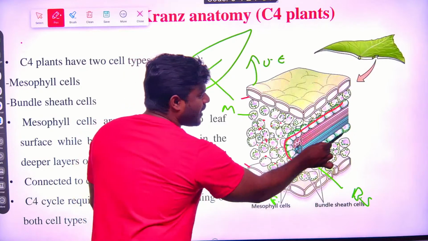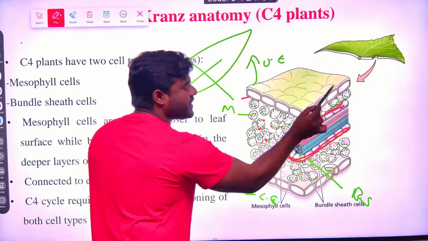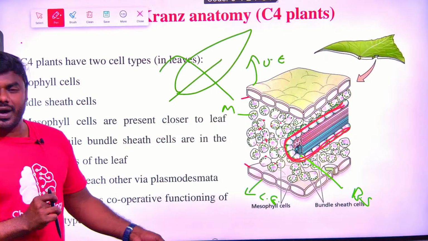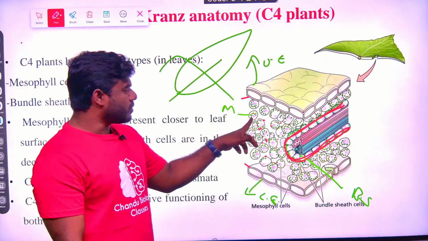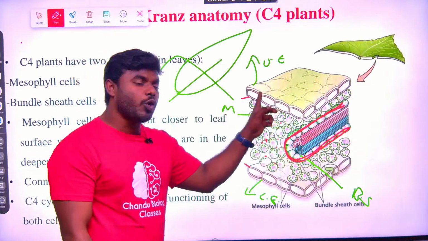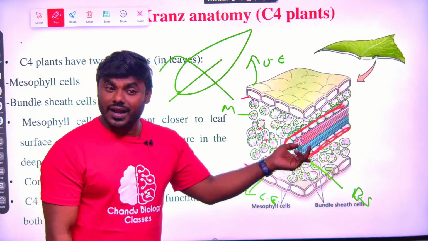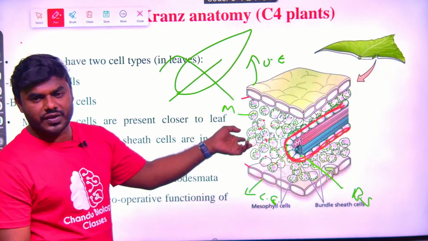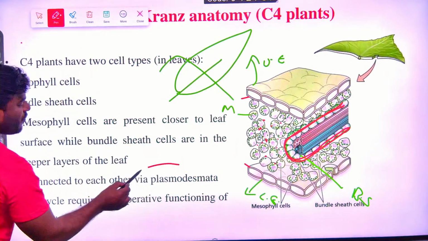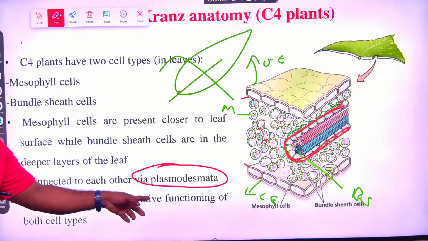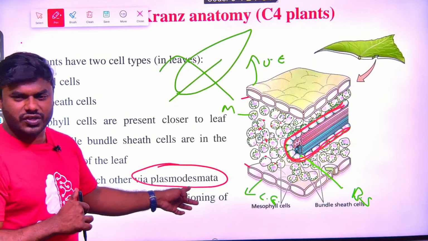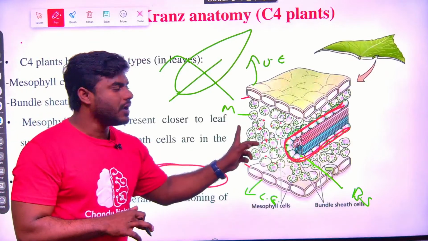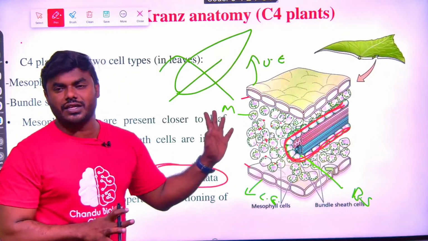Can you observe any intercellular spaces between the bundle sheath cells? Not at all. But for Kranz anatomy to occur, both mesophyll and bundle sheath cells are required. Then how is that possible? How can we connect both of them? We can connect them via plasmodesmata, which is called a connecting junction. We read this in cell communication. So that helps here to connect both mesophyll and bundle sheath.